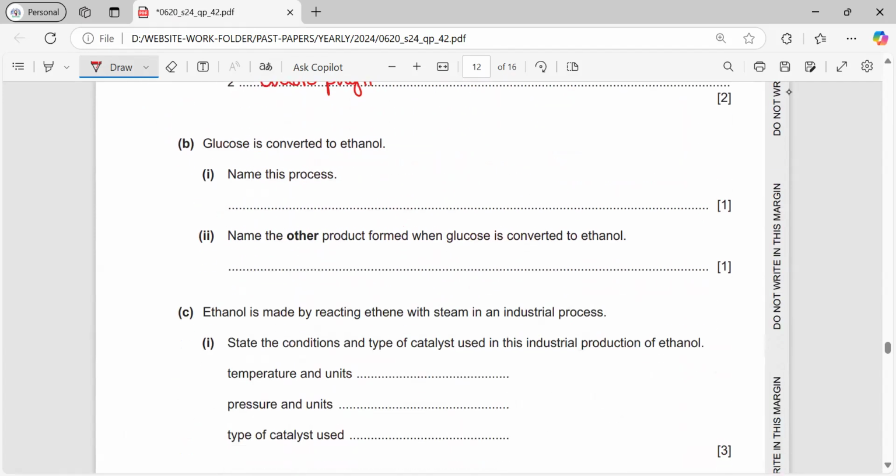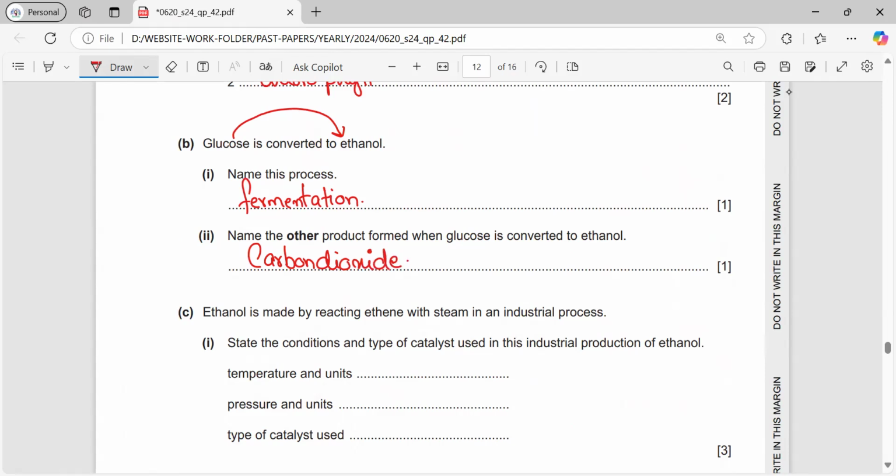Glucose is converted to ethanol. Name this process. When the glucose is converted to ethanol, the process is called fermentation. When the glucose is fermented under the influence of yeast, it forms ethanol and carbon dioxide. Name the other product when glucose is converted. So this is carbon dioxide, which is a byproduct in the fermentation process.